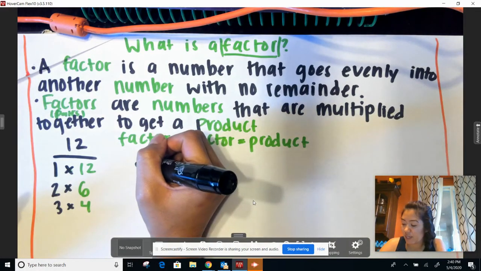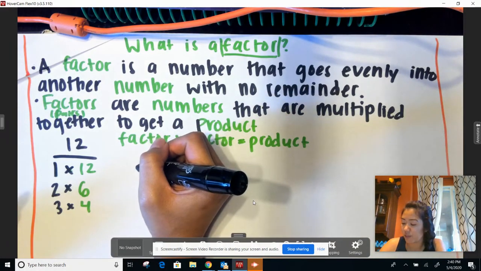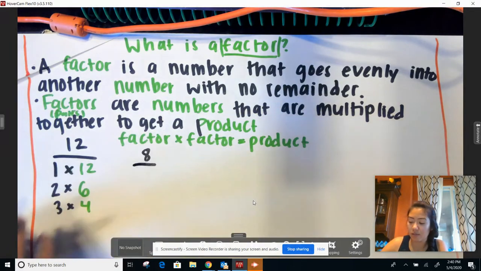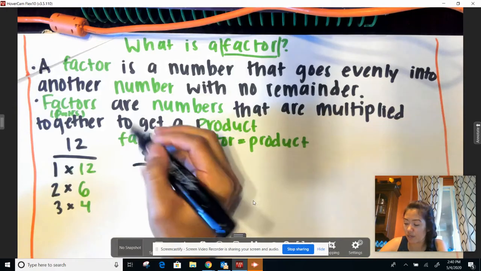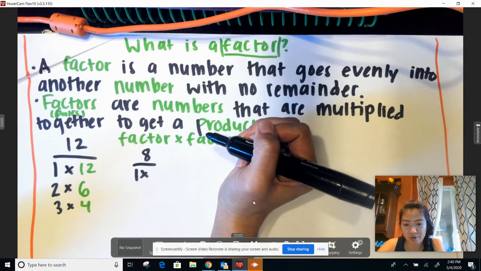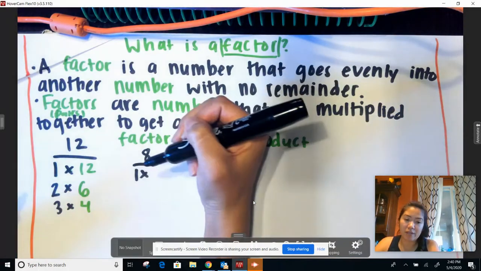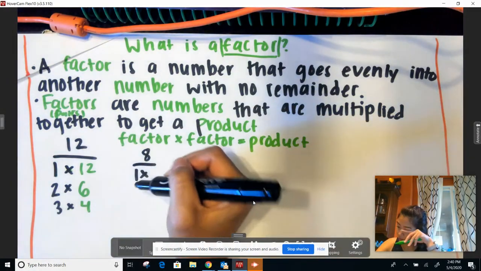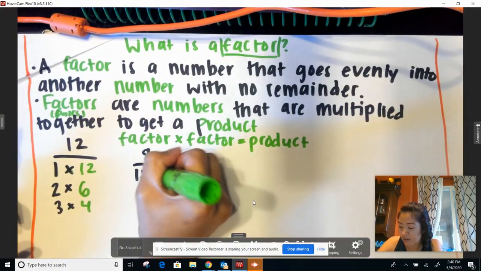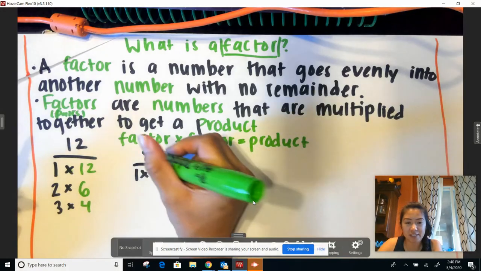Let's go ahead and do another example. If I want to find the factors of 8, you're always going to start with 1, and 1 is always a factor of every number because you can always make a number by multiplying 1 by that number. So 1 times what equals 8? That's right, 8. 1 times 8 equals 8.